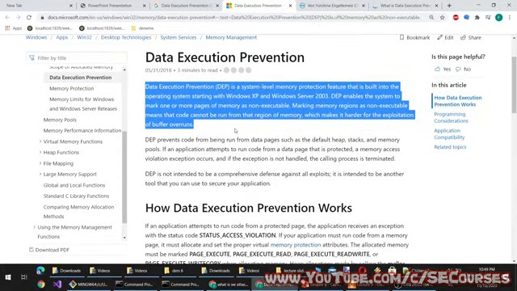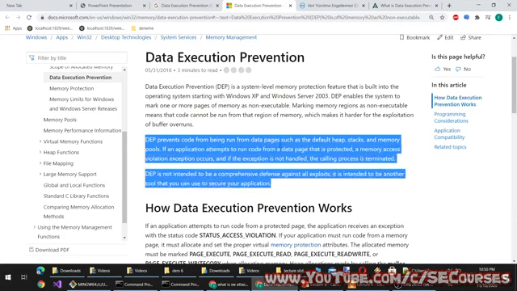Data Execution Prevention (DEP) is a system-level memory protection feature that is built into the operating system starting with Windows XP and Windows Server 2003. DEP enables the system to mark one or more pages of memory as non-executable. Marking memory regions as non-executable means that code cannot be run from that region of memory, which makes it harder for the exploitation of buffer overruns.